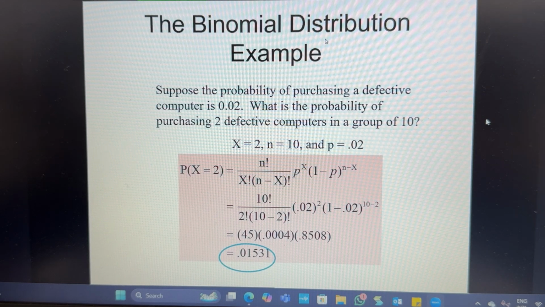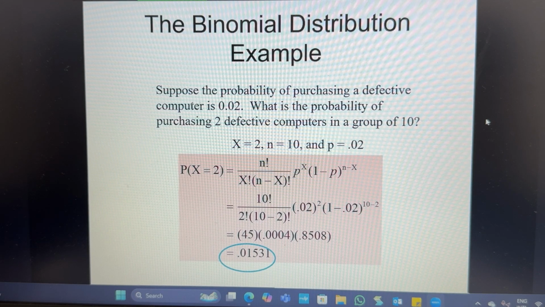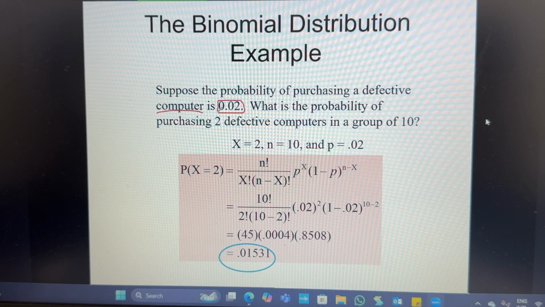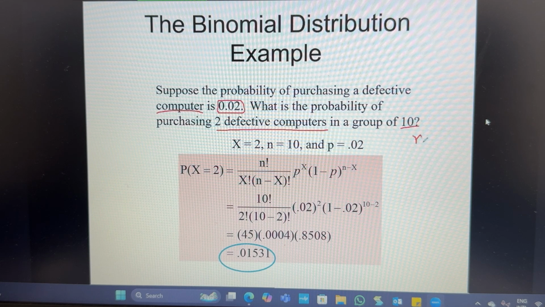Now we take another example. Suppose the probability of purchasing a defective computer is 0.02. What is the probability of purchasing 2 defective computers in a group of 10? 10 is a fixed number, so n is 10.